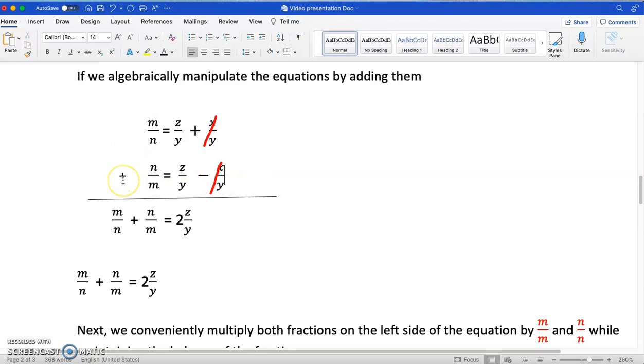If we add them, we have m over n plus n over m on the left, and c over y plus c over y, we'll get 2c over y. But these two x over y terms cancel out. So we are left with m over n plus n over m equals 2c over y.